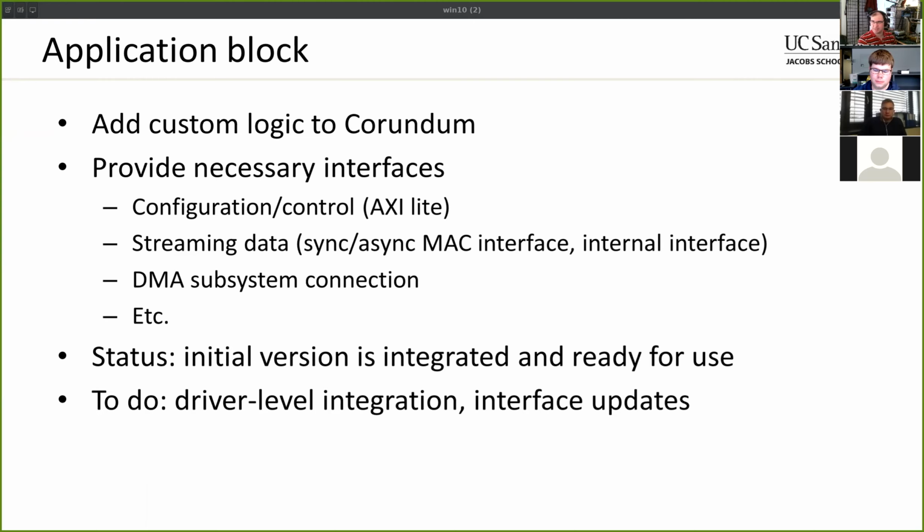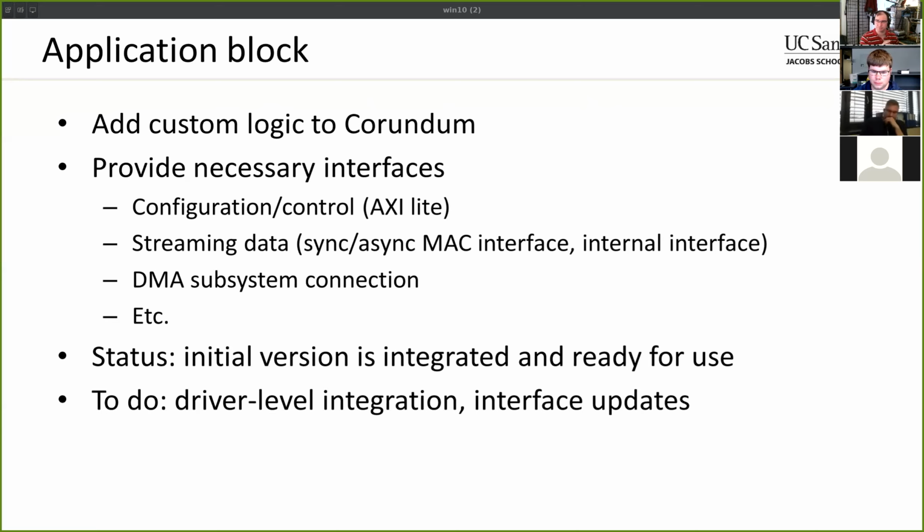Then we have a connection to the DMA subsystem, so if you need to access host memory, and eventually that'll also be connected to any on-card memory, through the unified DMA subsystem. And potentially a few more. I know right now it's also connected to the PTP clock and whatnot, but we could potentially connect other things as well.